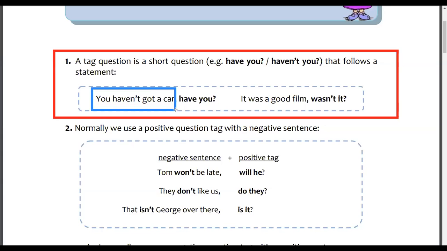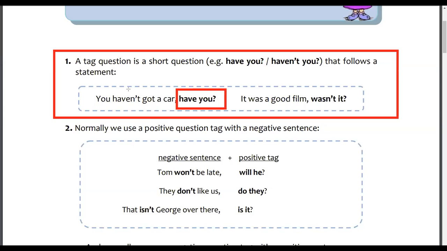We divide this into two parts. This part, you haven't got a car, is a negative statement. But whenever we try to make a tag question, just like this one, we need to do the opposite.